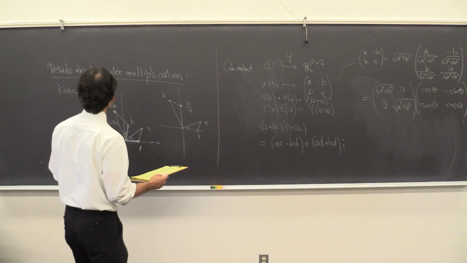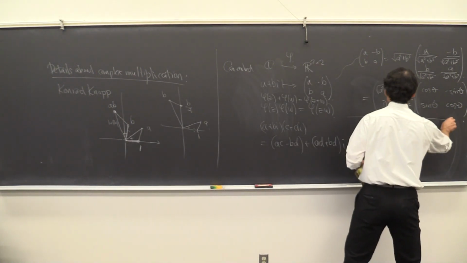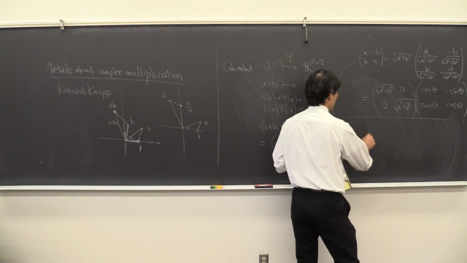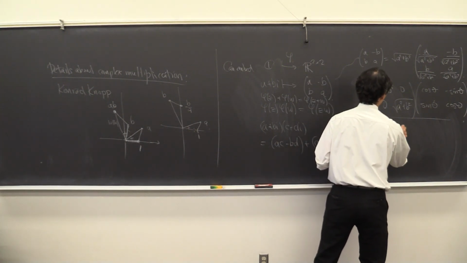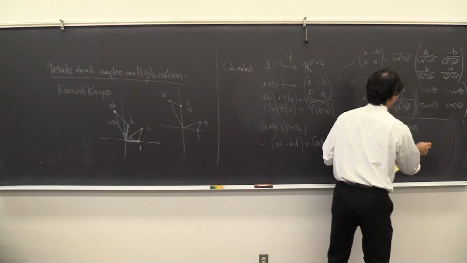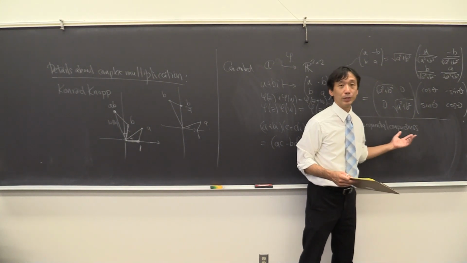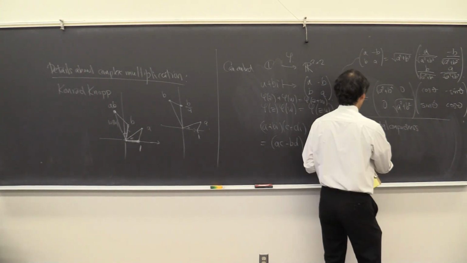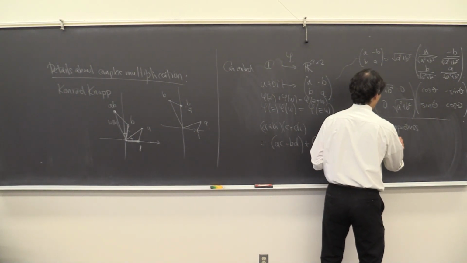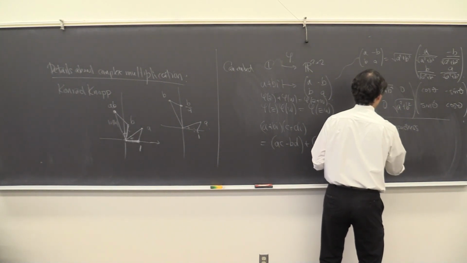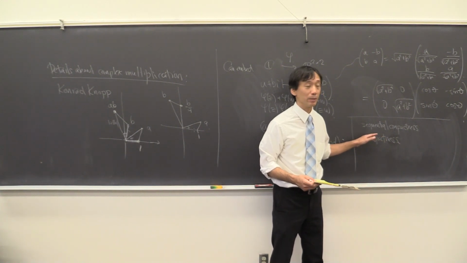Okay, another thing that I actually said wrong last time was sequential compactness. Sequential compactness is this business of whenever you have a sequence, there's a convergent subsequence. In the case of metric spaces, that is equivalent to just plain old compactness, that every open covering has a finite subcovering.